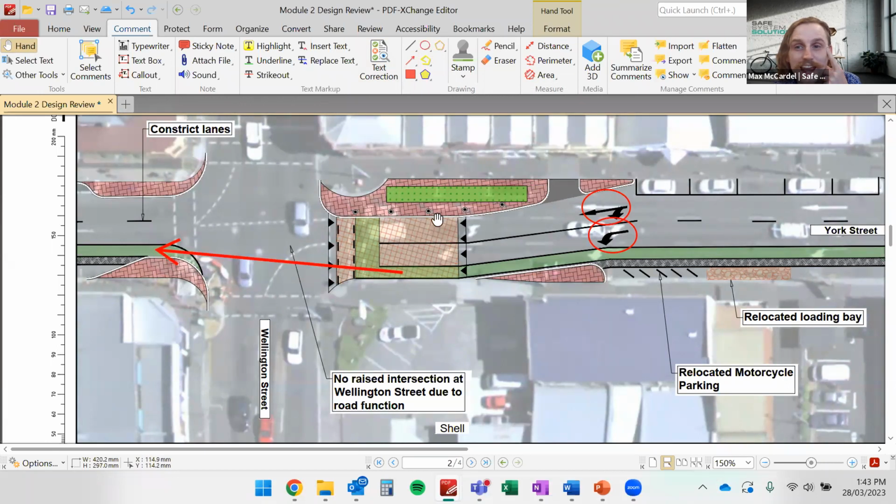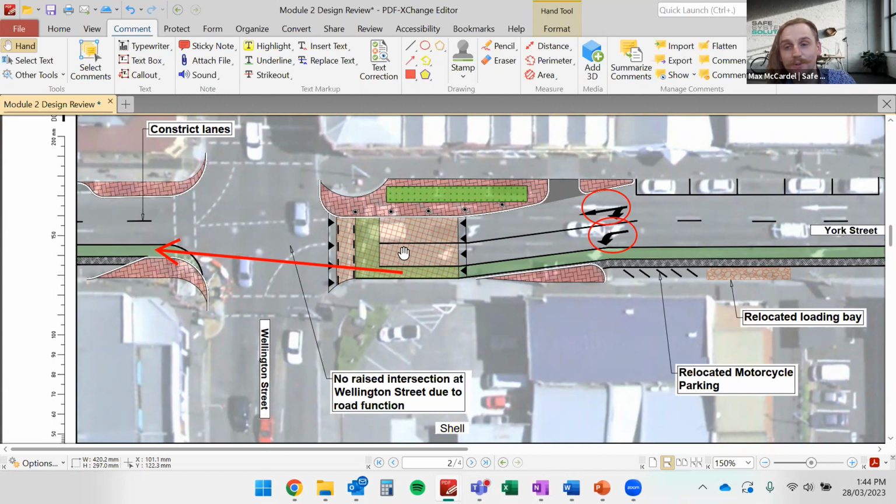But the motorist in the outside lane would have restricted sight lines, would be unable to see a cyclist in that position because the vehicle in the inside lane blocks them. It's sometimes referred to as masking or a dynamic visual obstruction, if you want to become very technical and use the jargon. But this particular design would be considered quite a significant risk for cyclists, how you would manage that conflict at this intersection.